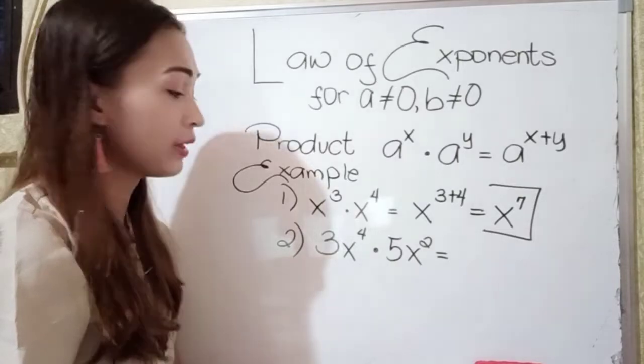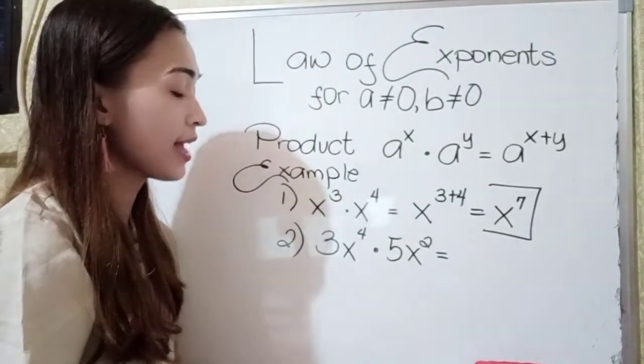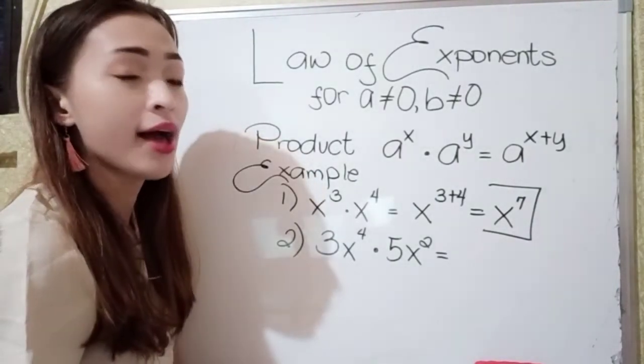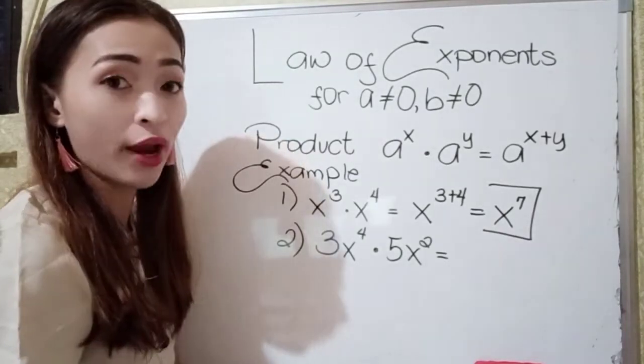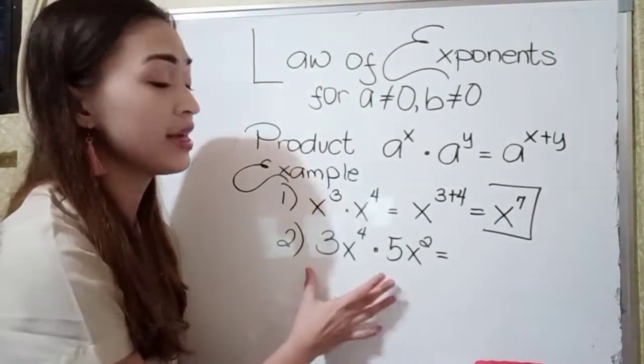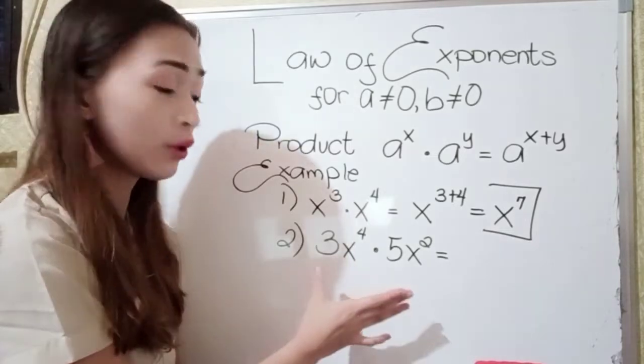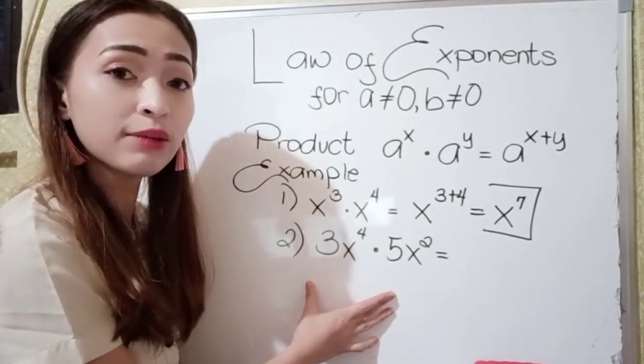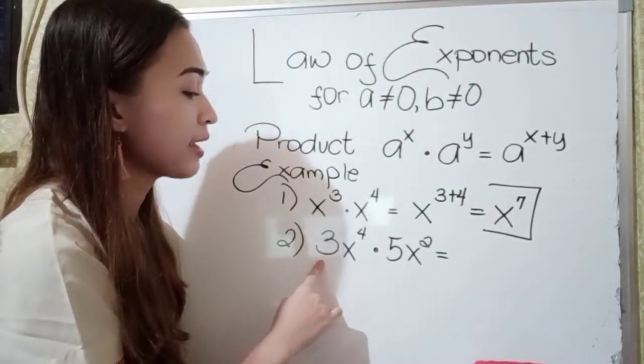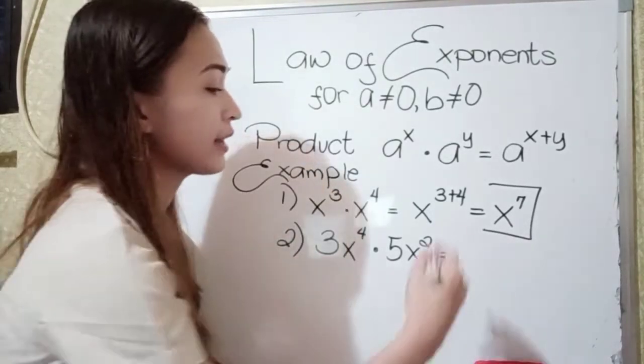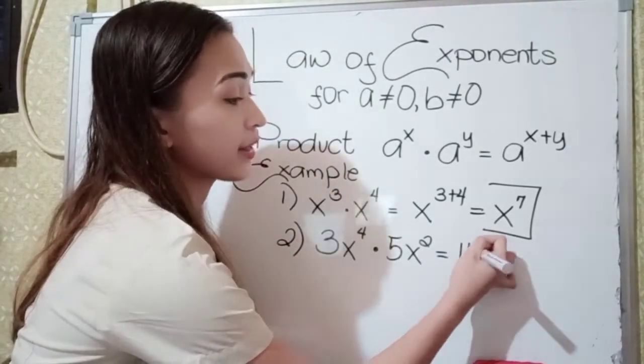For example, in number 2, we have 3x raised to 4th power times 5x squared. Here we have the coefficients. What we're going to do is multiply the coefficients. So 3 times 5 is 15.